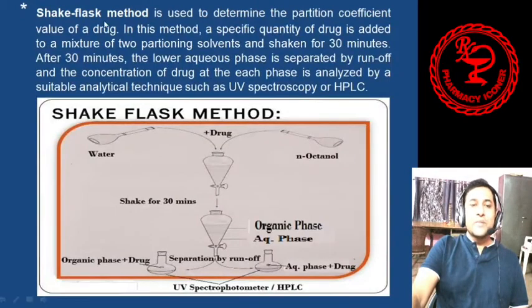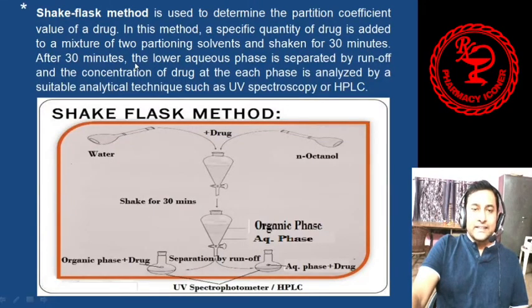Next is determination of partition coefficient. To determine partition coefficient, the shake flask method is used. In this method, a specific quantity of drug is added to a mixture of two partitioning solvents and shaken for 30 minutes.